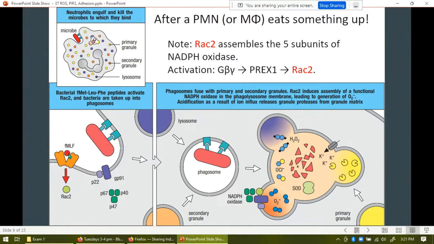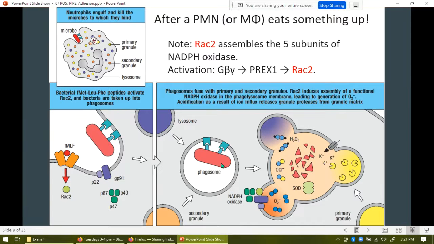For example, the FMLF receptor is going to recognize bacterial polypeptides, and it's going to cause RAC2 to become activated by means of PREX1, excuse me, and RAC2 is going to assemble NADPH oxidase in the endosome membrane, and that forms the superoxide anion. Superoxide anion is converted by way of enzymes into a bunch of other reactive oxygen species like hydrogen peroxide, hypochlorite, etc., by different enzymes.